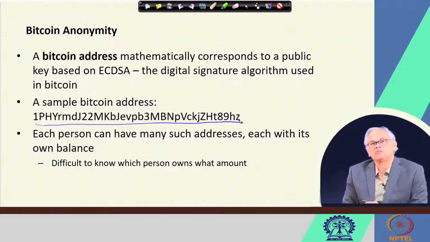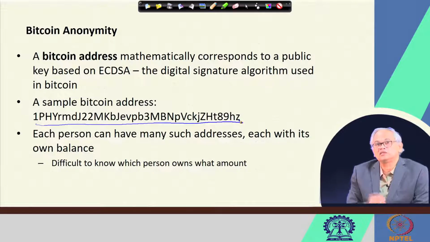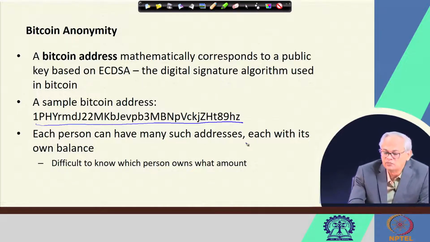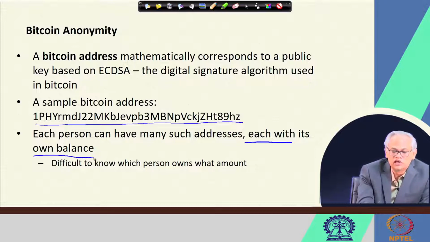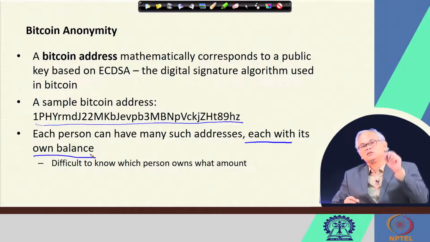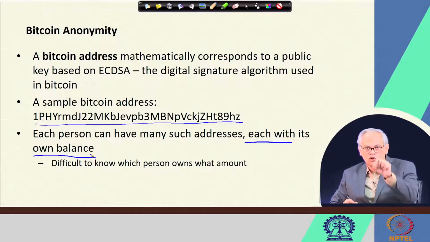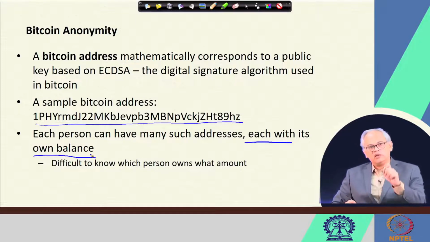So, the hash of the public key looks something like this, which is sent from Bob to Alice to make the payment to. And as we said, each person can have many such addresses and each can have its own balance. Of course, each will have its own balance, because these payments are being made to a particular public key hash.